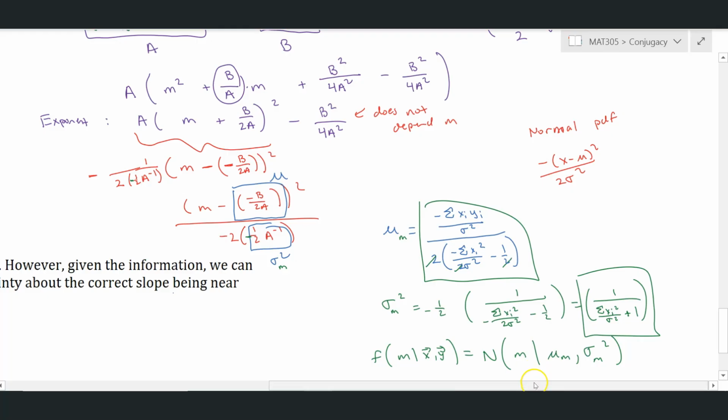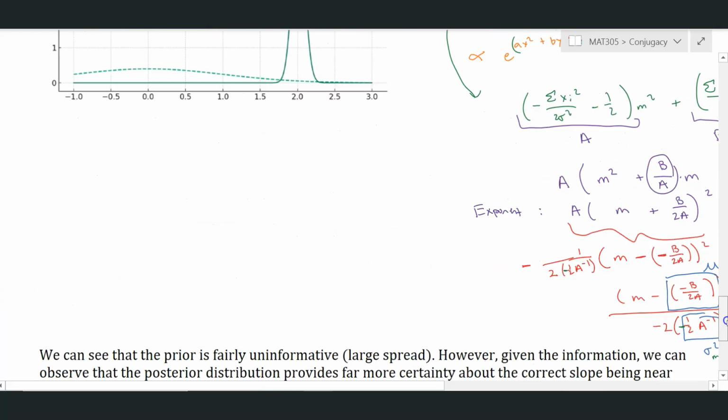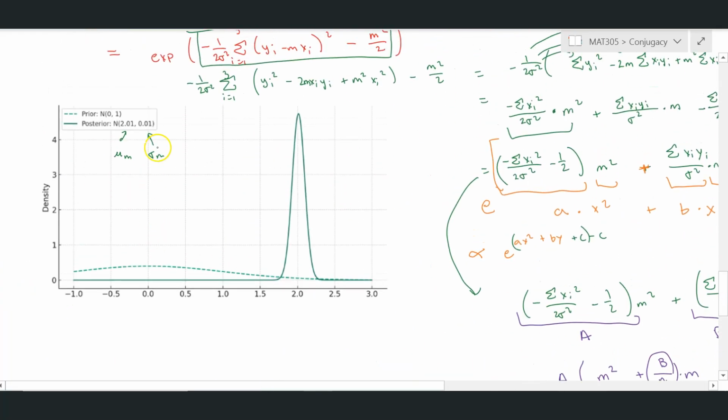Now remember, this dotted curve is our prior assumption about the distribution of m.